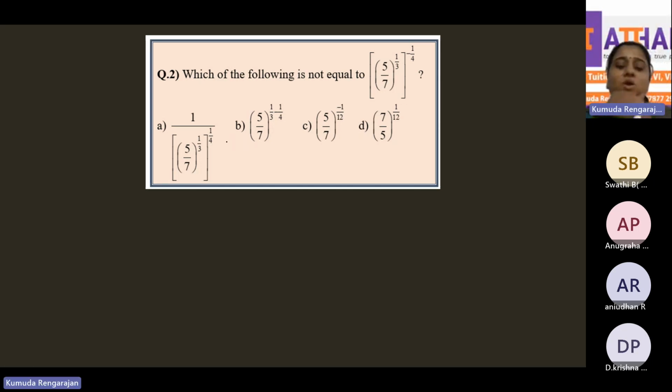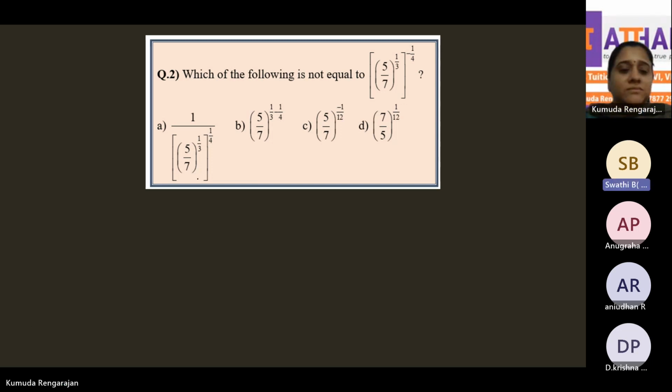Swati, how is it option B? Tell me, how is it option B? Ma'am, since the power is raised to another power, the power should be multiplied, ma'am. But in this case, it's subtracted, so it's wrong. How are the others true? Ma'am, I checked.